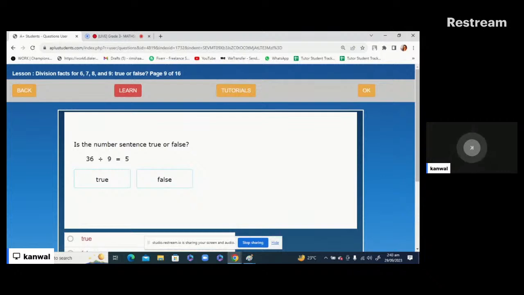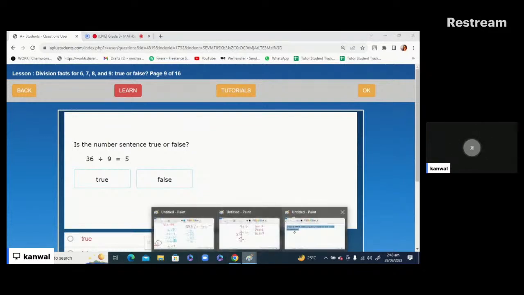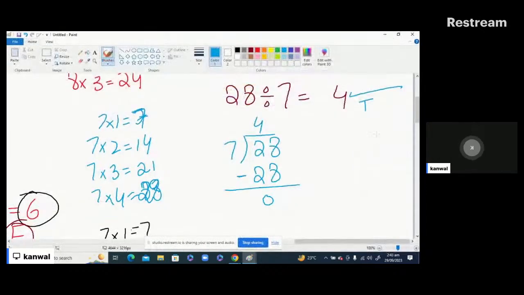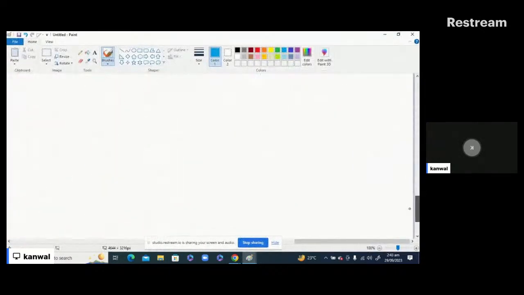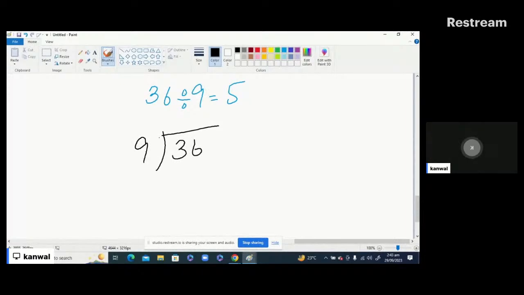Is the number sentence true or false? 36 divided by 9 equals 5. Let's solve this one, okay? 36 divided by 9 equals 5.